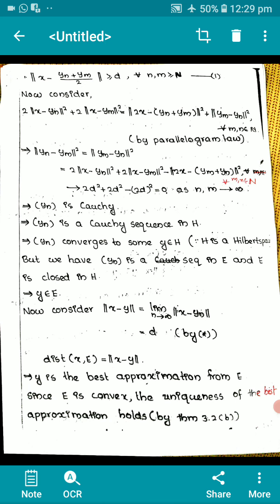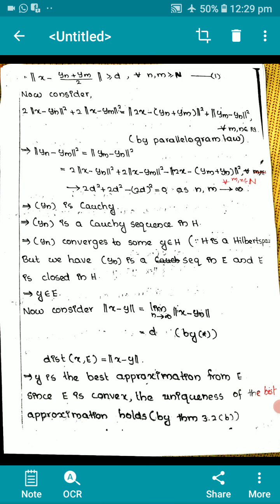In the same way, instead of x you take x minus yn, instead of y you take x minus ym, so that 2 times norm of x minus yn square plus 2 times norm of x minus ym square is equal to, by the parallelogram law, norm of x plus y square plus norm of x minus y square form. So here these two elements are x minus yn and the other one is x minus ym. Their sum is 2x minus yn plus ym. Of course, it's true. And their difference is ym minus yn.